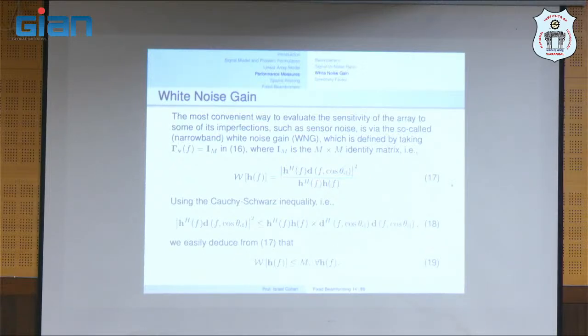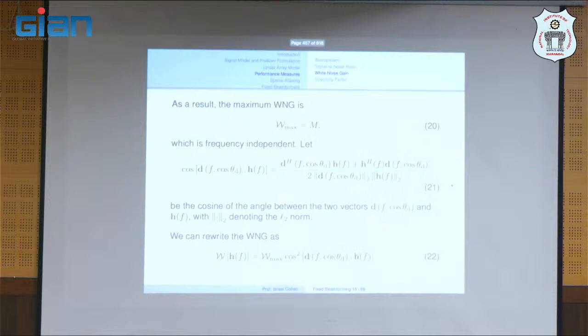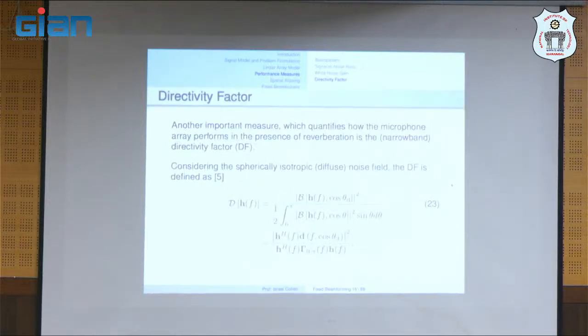So this is the gain in SNR when the noise is spatially white, which means that the correlation matrix is the identity matrix. And directivity factor is the gain in SNR when we take this correlation matrix of the noise obtained by a certain derivation, and we know how it looks for diffuse noise.